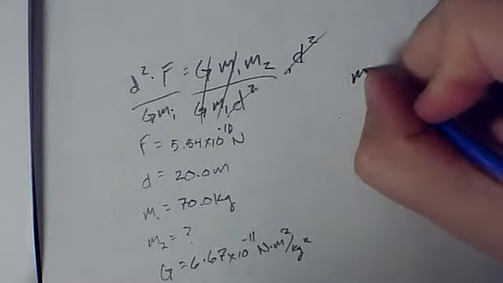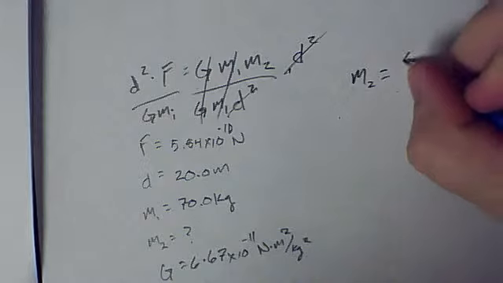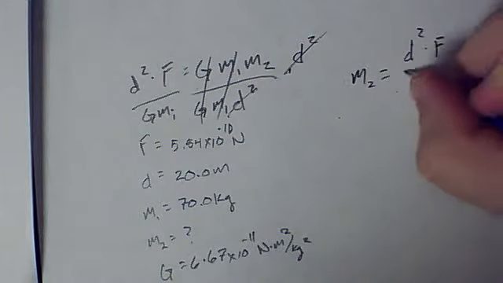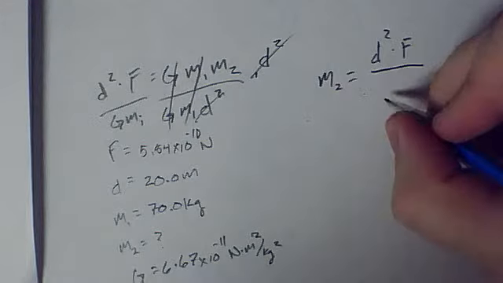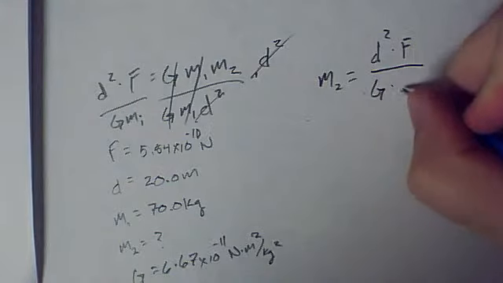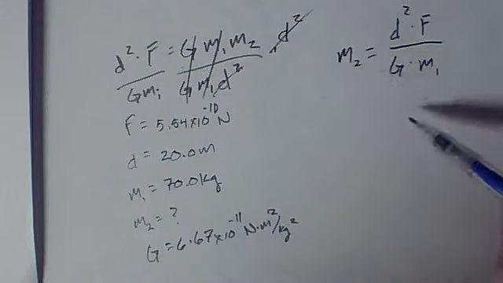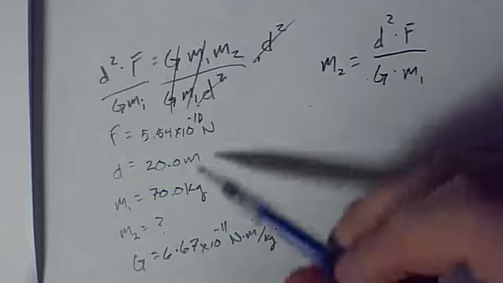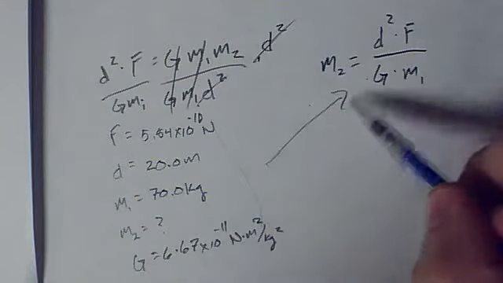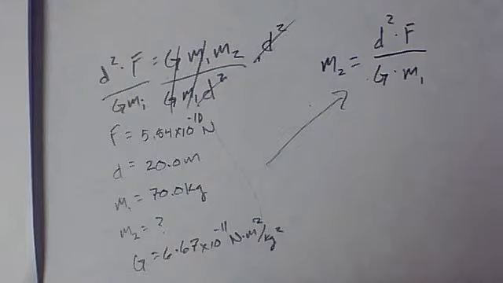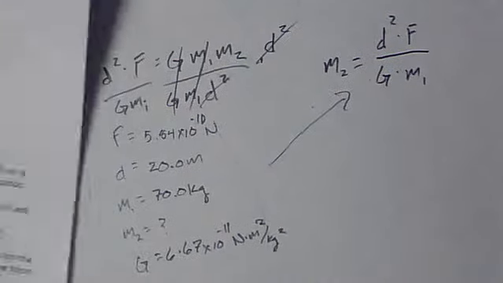So that means m2 is d squared times F divided by big G times m1. So I have all of this information here. It's all right here. Simply plug it in and solve to get your answer. Again, I'm not going to solve it for you. You can do that on your own.